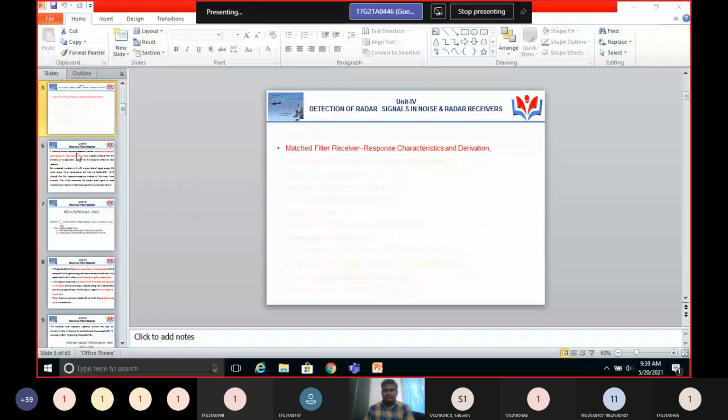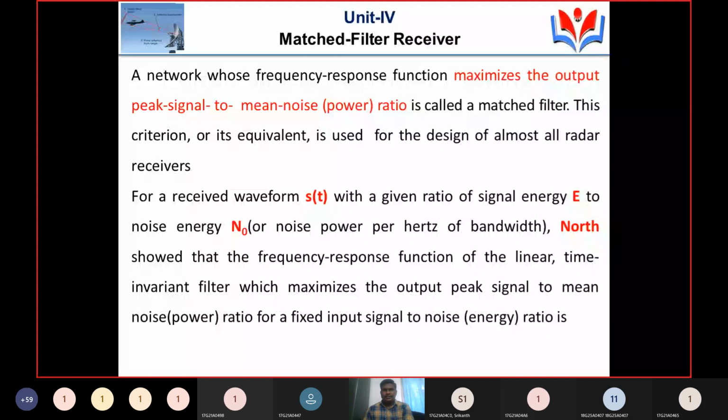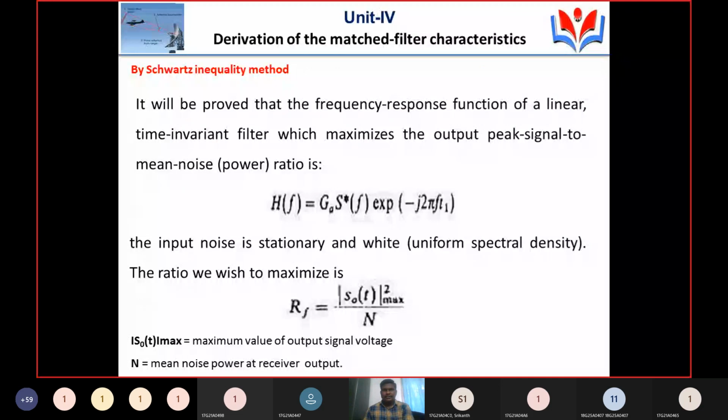Right. The derivation of matched filter characteristics is done with the help of the Schwarz inequality method. I think we know what is meant by the Schwarz inequality method. That we will see while we are deriving this.